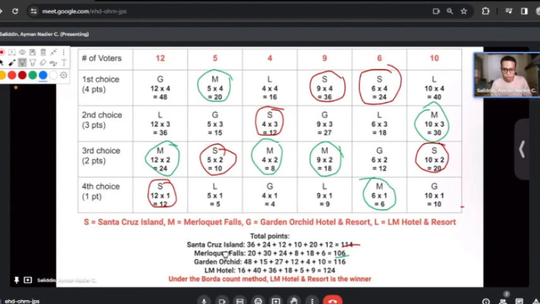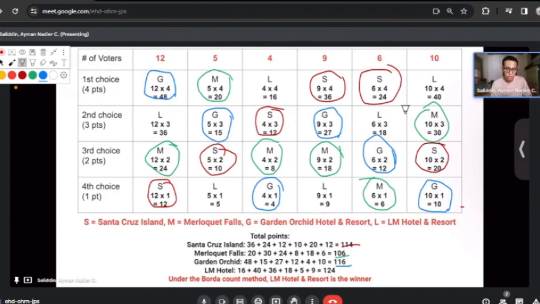And then for Garden Orchid, we have 48, 15, 27, 12, 4, and lastly 10. If we add all those up, we're going to have 116.